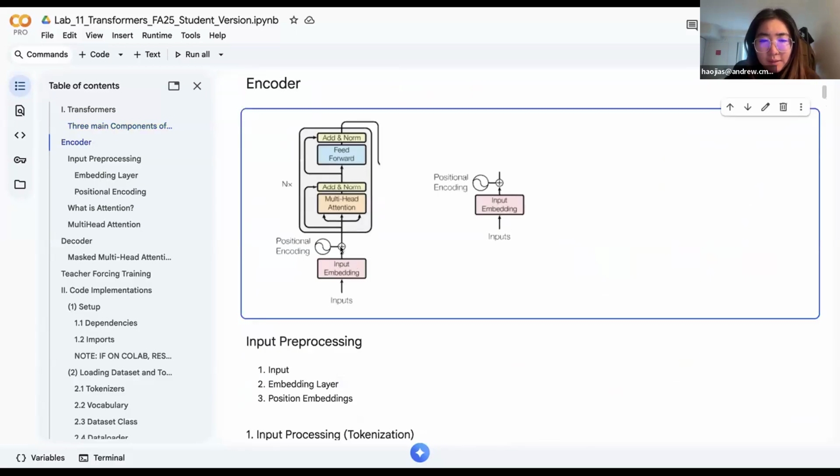People are mainly using the input embedding as the input, and then they do the positional encoding, and then they do the layer normalization first, and then go into the attention layer to calculate the attention, and then do a residual add, and then do another layer normalization, and then go through the feed forward layer.